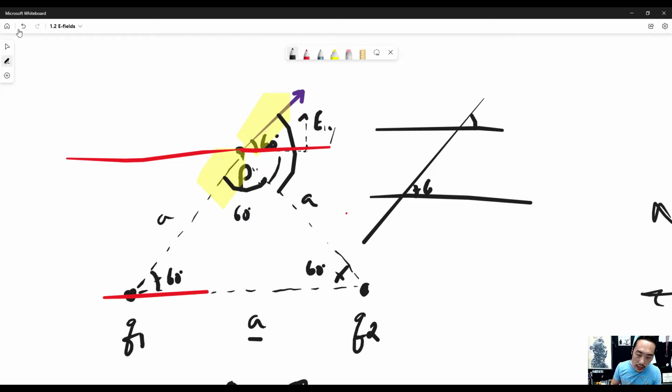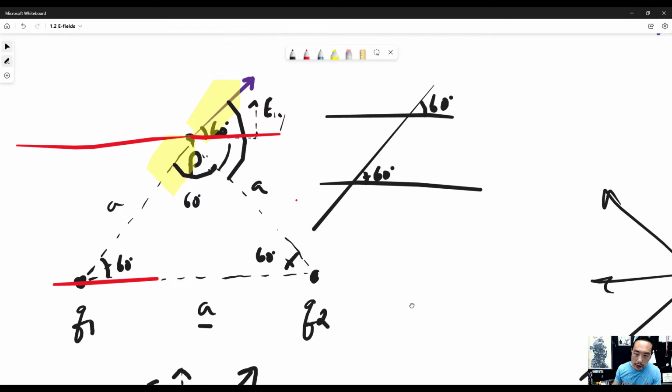And so for us, this angle here is 60 degrees, so the angle there also must be 60 degrees. And the same is true for the lower right-hand angle. So if we have this bisector here, and we know that this is 60 degrees, on the other side, this also has to be 60 degrees.